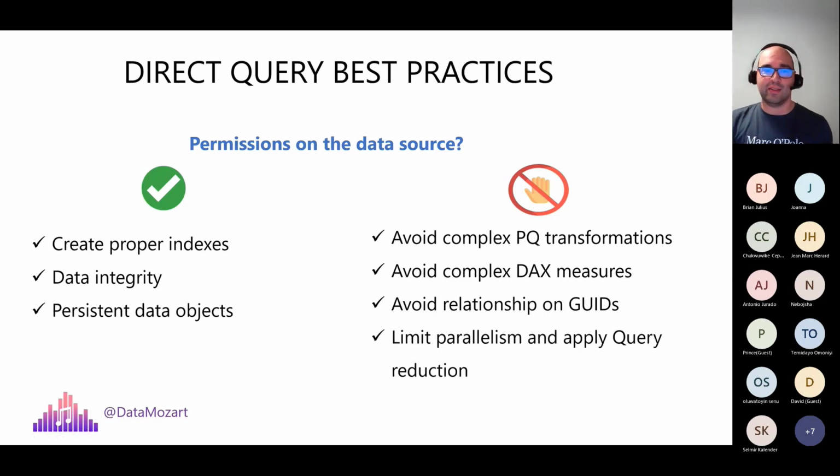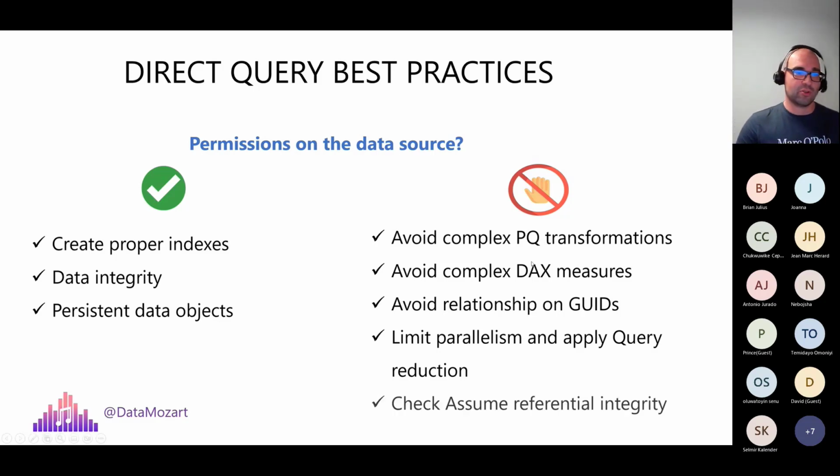Limit parallelism and apply query reduction, two options that you can check within Power BI Desktop under Options and Settings. And also you should check the assume referential integrity option, which will enable usage of inner joins instead of outer joins, which should, in theory and in most cases in reality, improve the overall query performance.